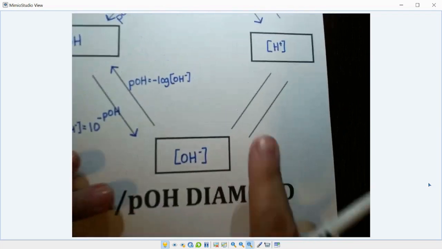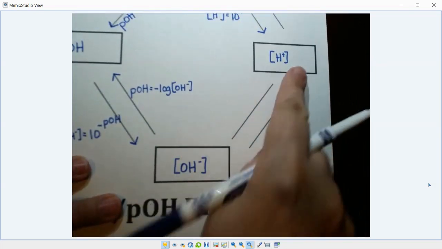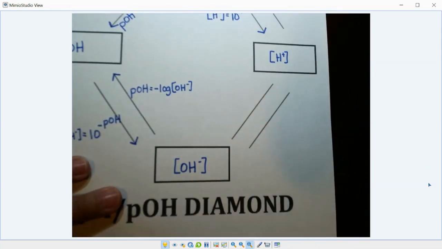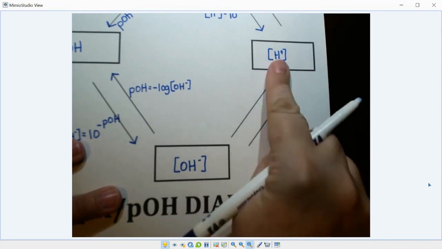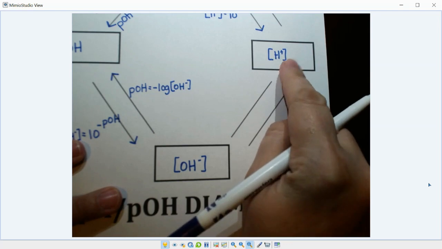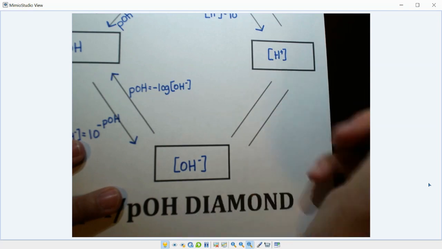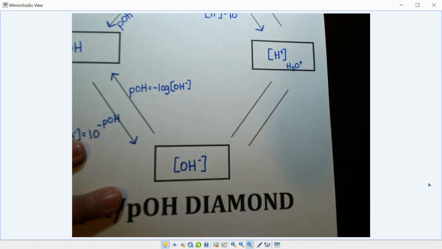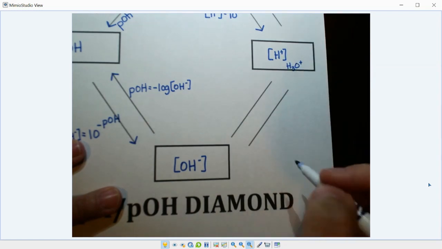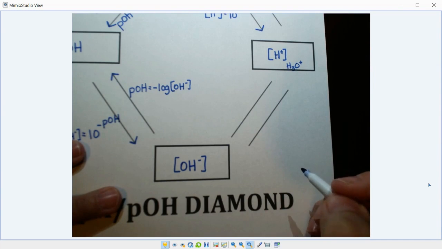And then lastly, there is a way to connect these two things. In the video, Mr. Anderson talks about how the likelihood of finding a hydrogen ion or hydronium, remember that's H3O plus is the same thing, is 1 in every 10 million, or 1 times 10 to the negative 7 times.